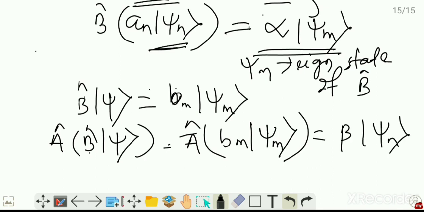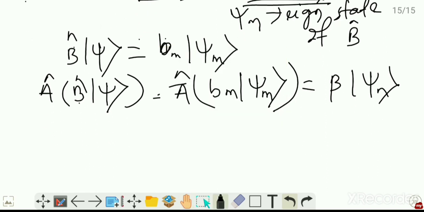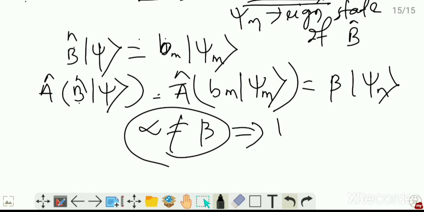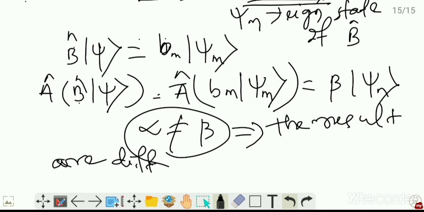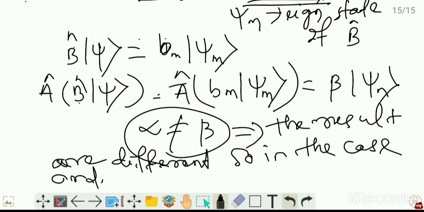Here alpha is not equal to beta, that is the results are different. So in this case, order of measurement matters.